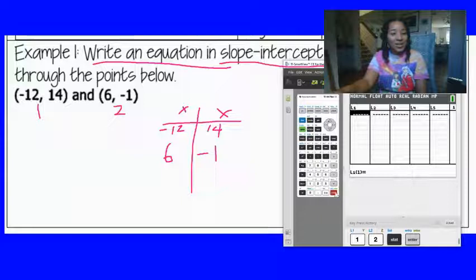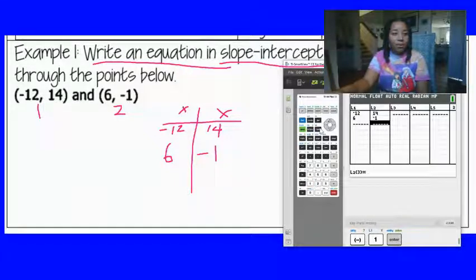And then I'm going to do -12, enter, and I'm going to do 6, enter. Then I'm going to go across and type 14, enter, and then -1, enter.